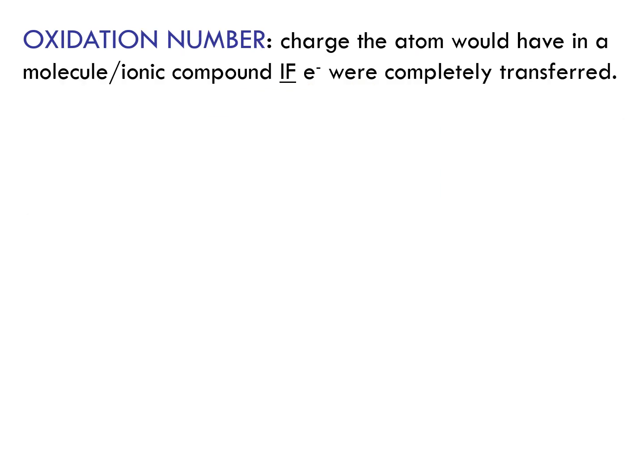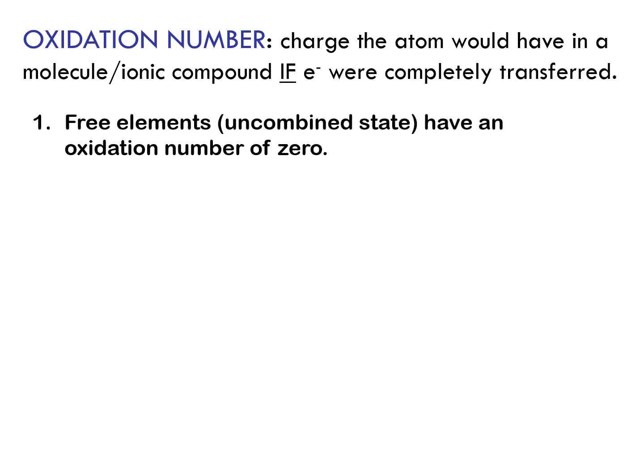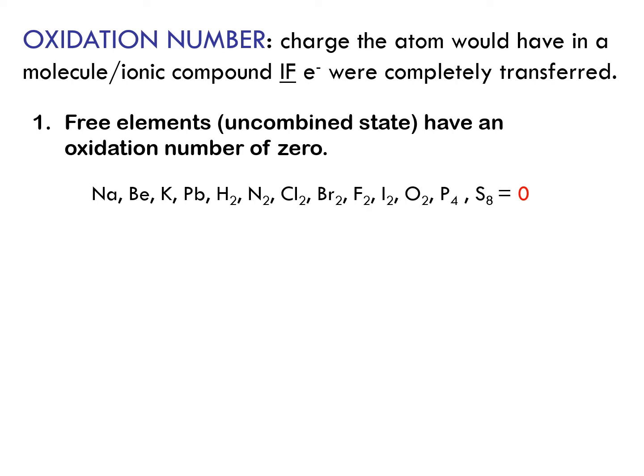There are some simple rules to determine oxidation number that you have probably learned in your first semester of chemistry. First of all, elements in their uncombined state, so in their elemental state, have an oxidation number of 0. So metals like sodium, potassium, also diatomic molecules.